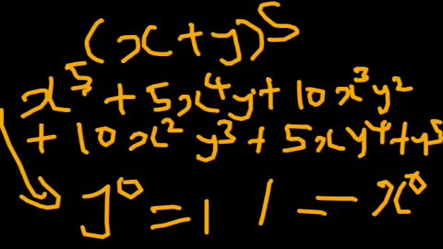So the x term starts from 5 and decreases to 0, while the y term starts from 0 and increases up to 5. And at each stage, the combination is always equal to 5. So this basically shows you how to use the binomial theorem. Now if we had numbers in there, we'd be able to solve them out and give you a final figure.